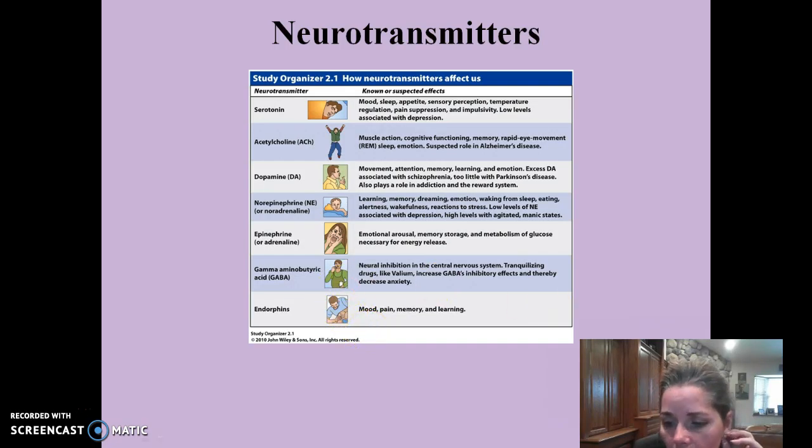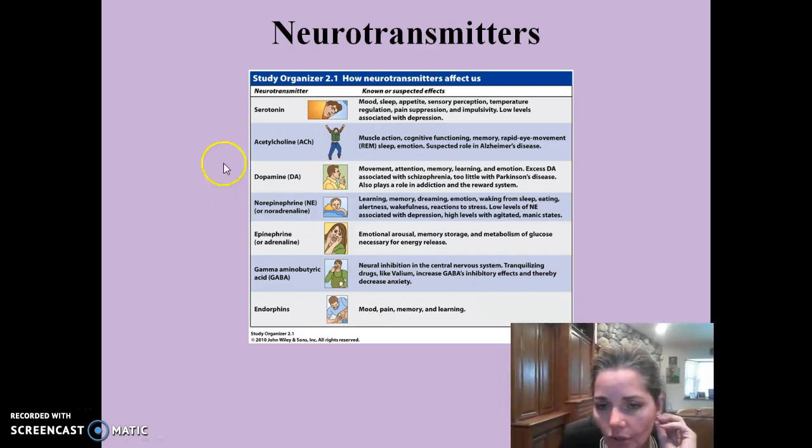Our neurotransmitters, as I mentioned, are chemical messengers, and these are the main ones outlined in your book that you should be familiar with. So keep this chart handy. Serotonin is largely related to our mood. It does play an interactive role in depression. It is related to our ability to sleep, and overall it influences things like our temperature regulation, pain, impulsiveness, things of that nature.